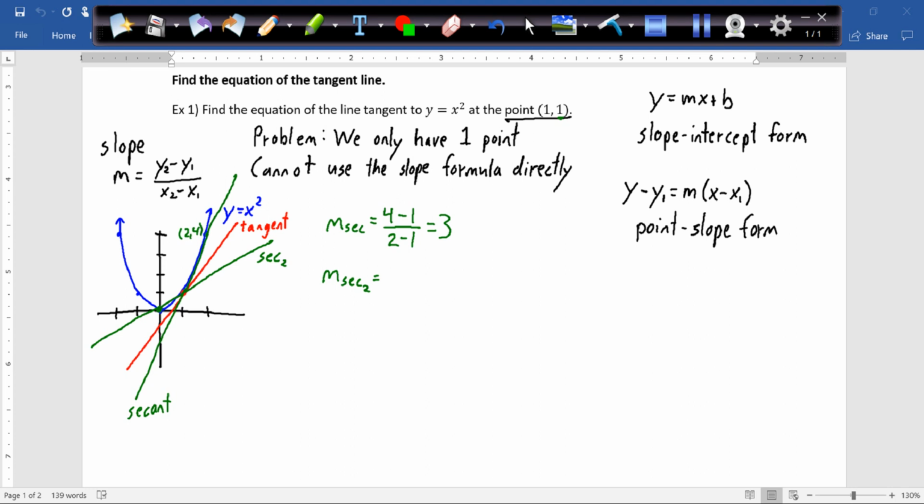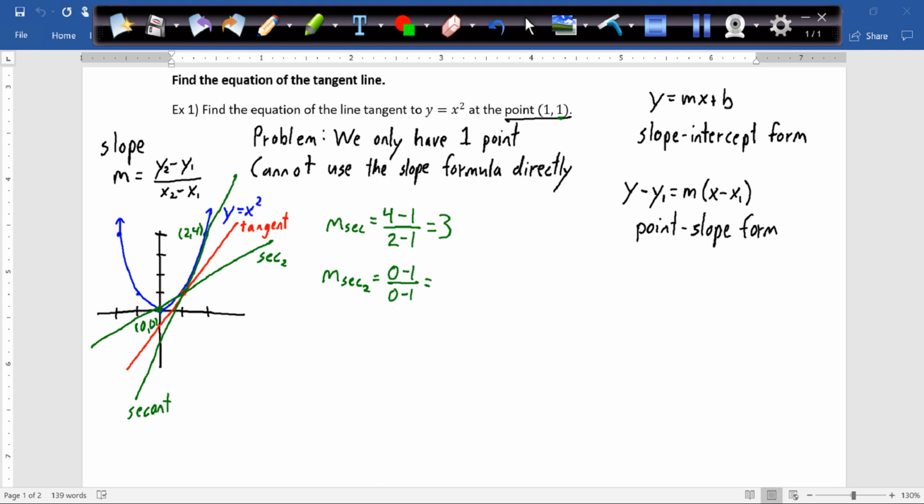Now my second point that I'm using over here is 0, 0. So that's my x2 and y2. What's x1 and y1? 1, 1. That was the point given in the problem. This point over here. So I'm going to do 0 minus 1, 0 minus 1 there.